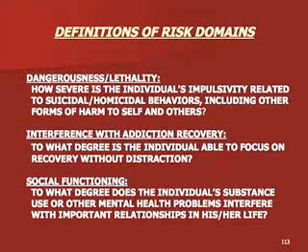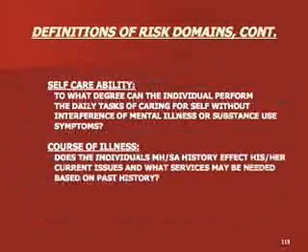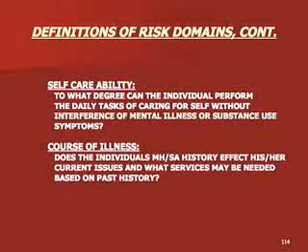To what degree does the individual's substance use or other mental health problems interfere with important relationships in their life, which falls under the social functioning? We look at risk domains under self-care. How well are they able to take care of the daily tasks in their life? And under the course of the illness, does the individual's mental health or substance abuse history affect his or her current issues?